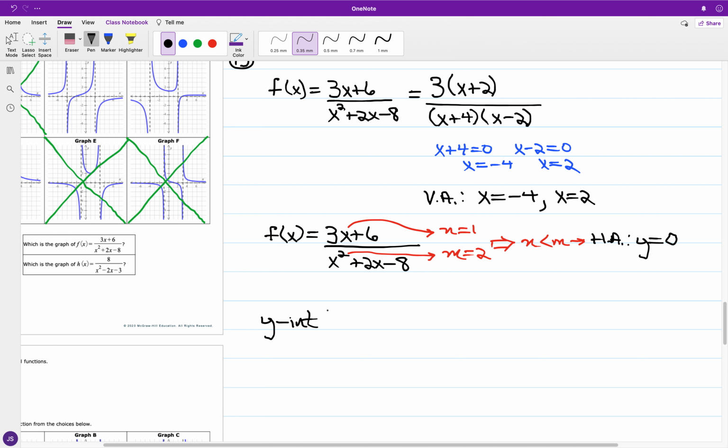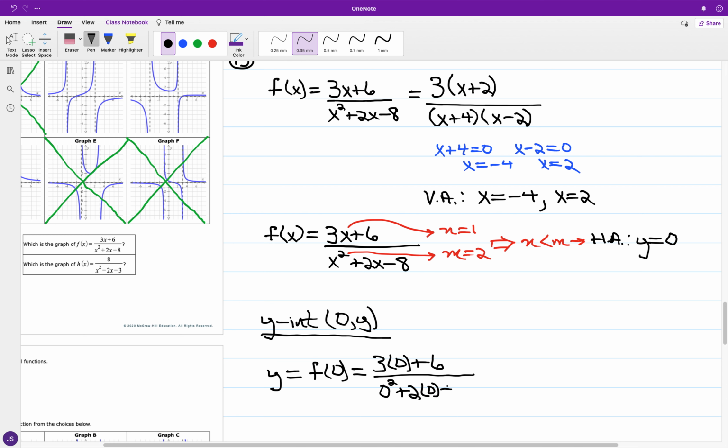So with the y-intercept, we have the ordered pair 0, y, and for this particular function, y is equal to f of 0, and we have 3 times 0 plus 6, all over 0 squared plus 2 times 0 minus 8, and so we have 6 over negative 8, and that is reducible to negative 3/4.